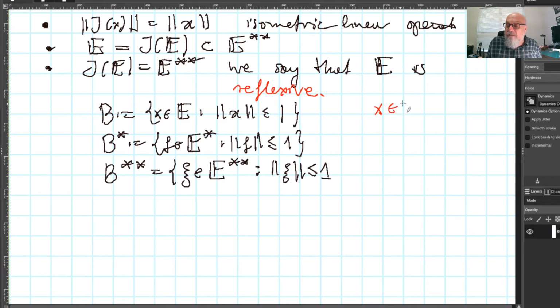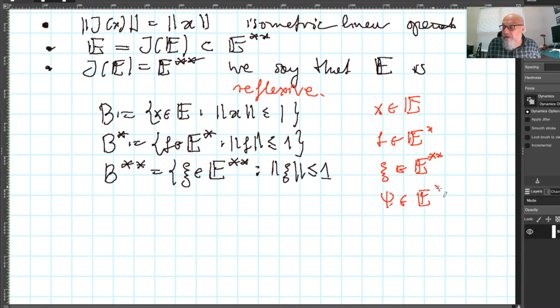That means x belongs to E, f belongs to E star, that's a functional, and psi belongs to E double star. Okay, so this is how we will be applying this notation today.